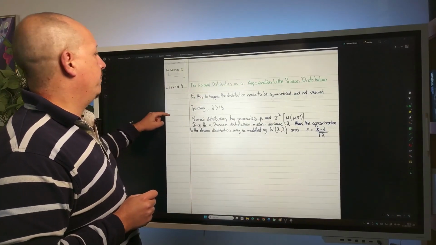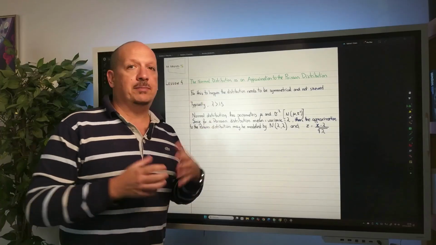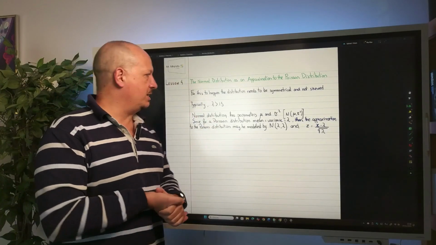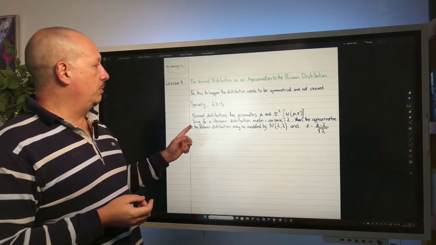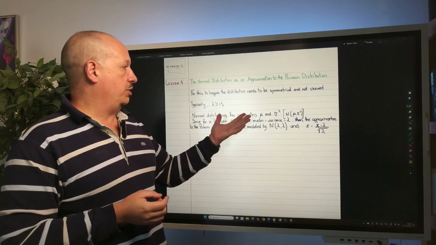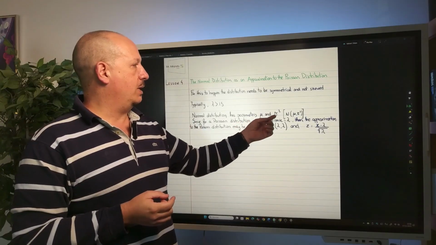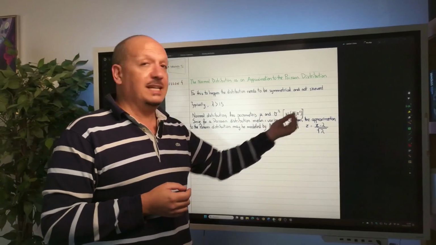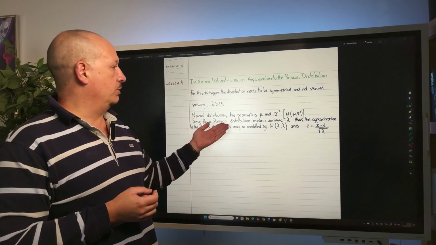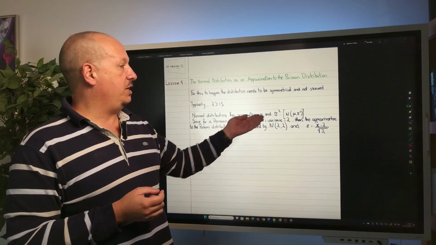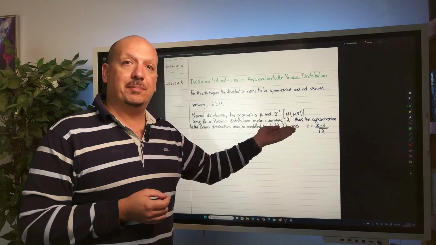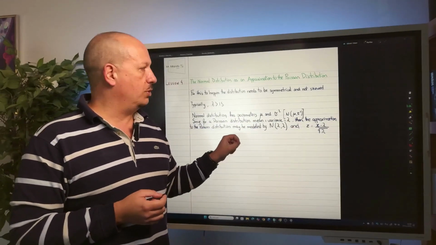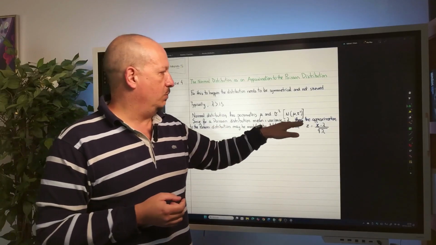Here it is. You can use it when lambda is bigger than 15, when the mean is bigger than 15, and the normal distribution typically has parameters mu and sigma squared. Since the Poisson distribution has the mean equal to the variance, which is lambda, then what will the normal distribution boil down to?